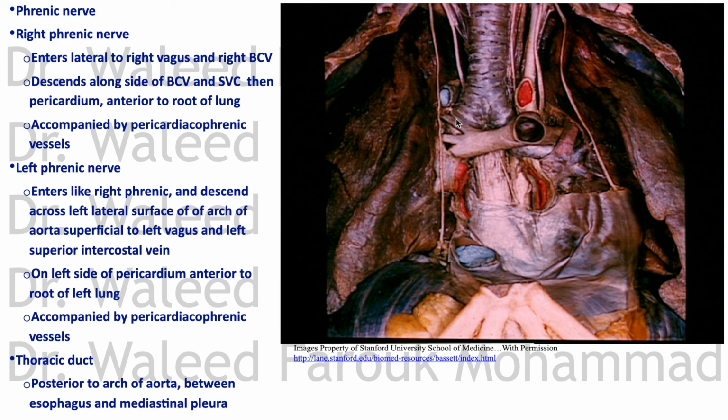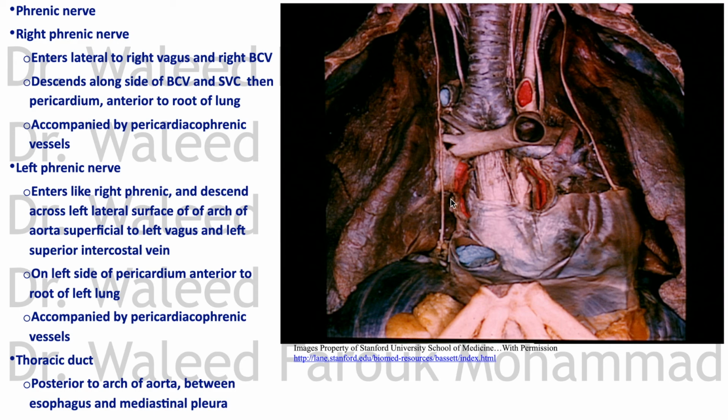The vagus posterior to the root, and the phrenic anterior to the root of lung, and it's always accompanied by a branch from the internal thoracic, which is the pericardiaco-phrenic vessels, pericardiaco-phrenic artery and vein, coming from the internal thoracic artery and going back to internal thoracic vein.